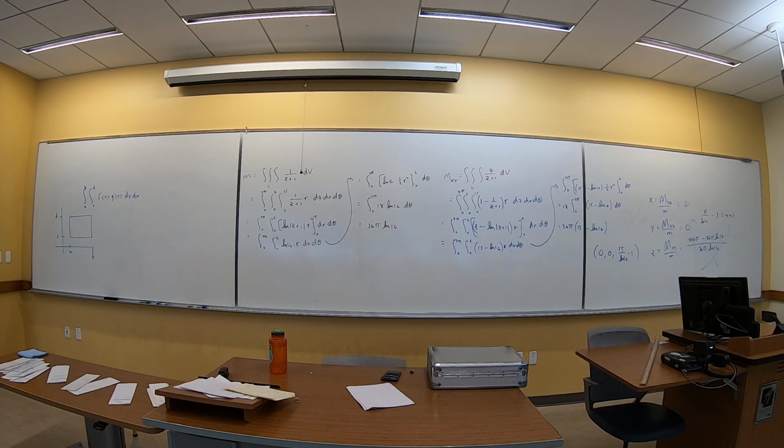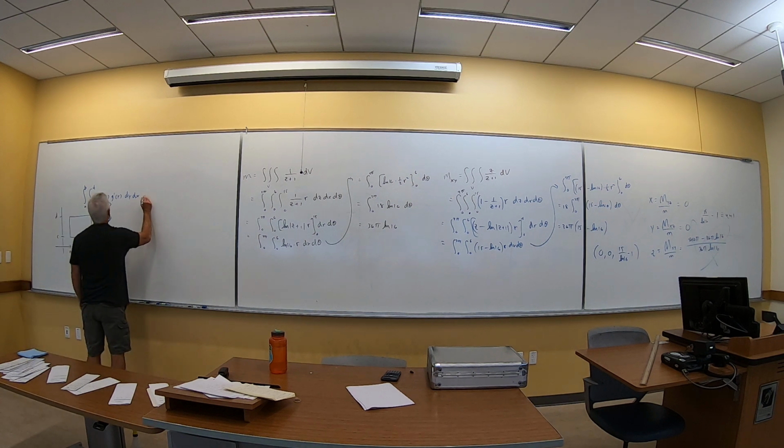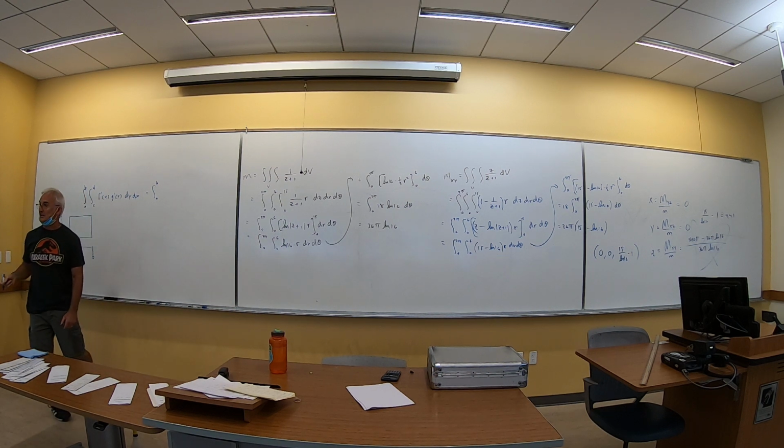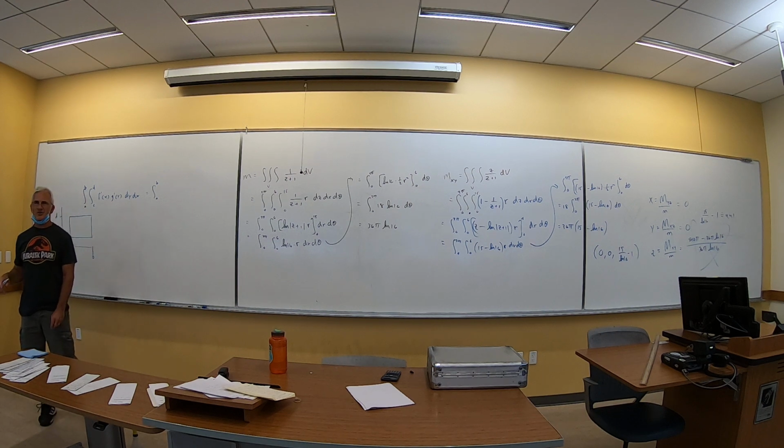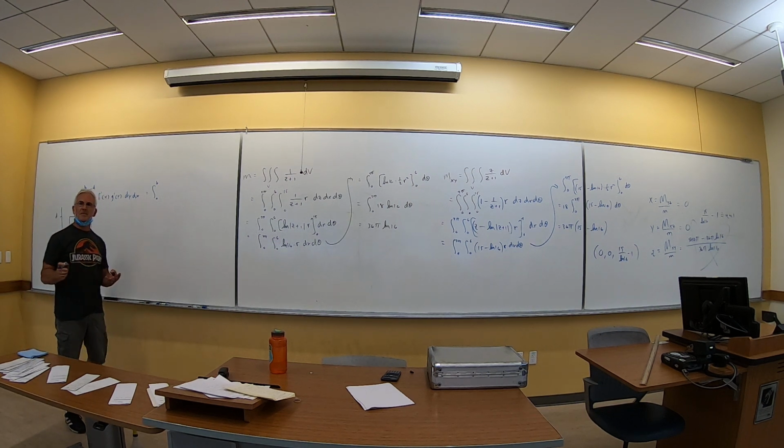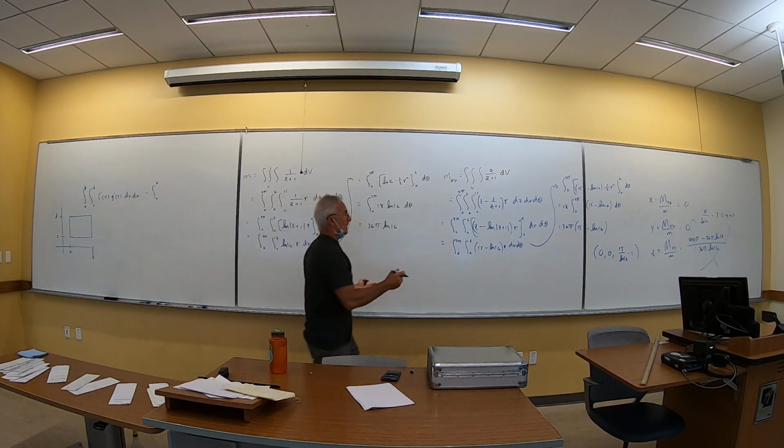Is everybody okay with that? That would have been no problem integrating in either order. So let's do this. I'm going to do y first. I'm doing this to show you a formula that is not in any textbook. But it's a handy shortcut that you don't get to use very often, but it's really obvious.